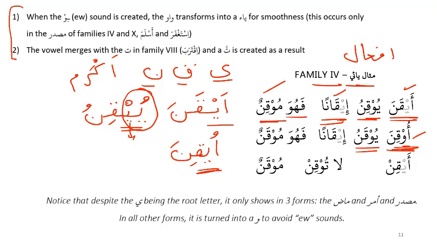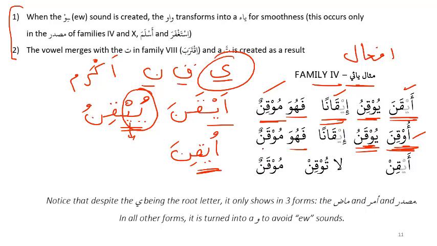So notice wherever we have a dhamma, if there is a ya after that, it gets replaced with a waw. So in uqina, yuqanu, even though we see waws over here, the actual root letter is ya.